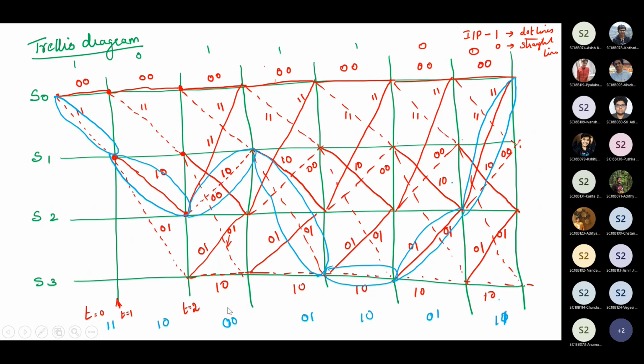From t equal to d, whatever the input, it is just a copy of it. Where it is used here: one is in the decoder, and another is in trellis modulation, coded modulations and all. Okay, so now we will see how to do the decoding.